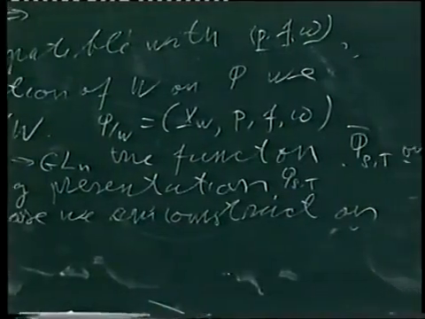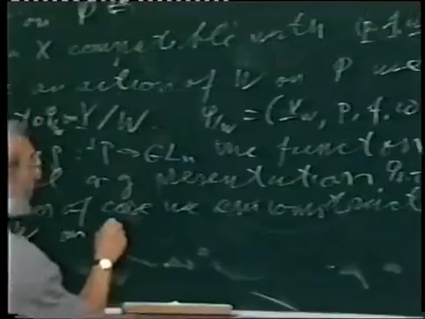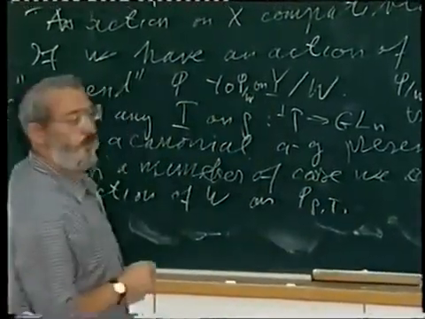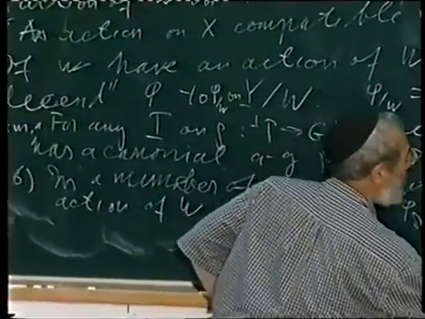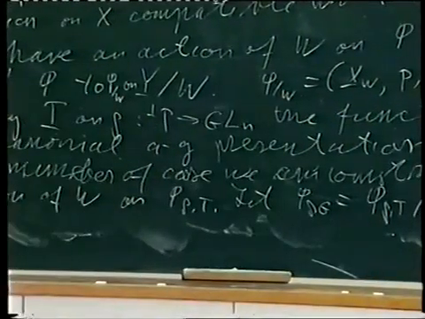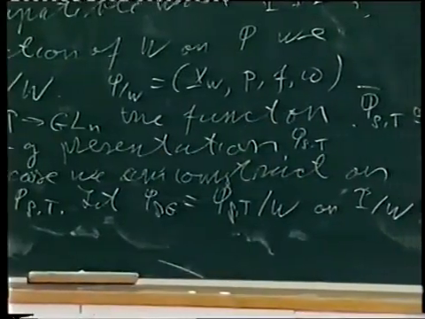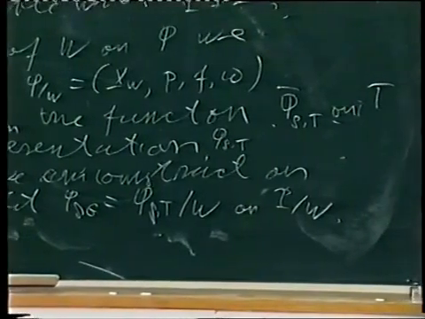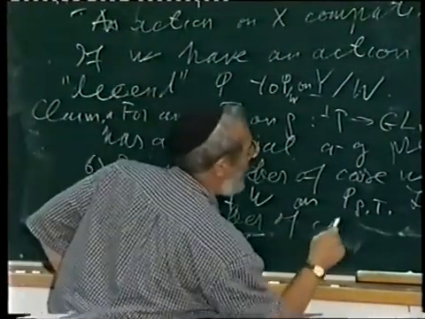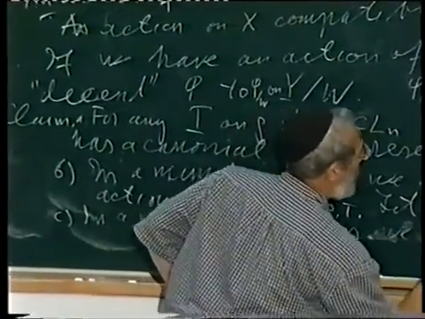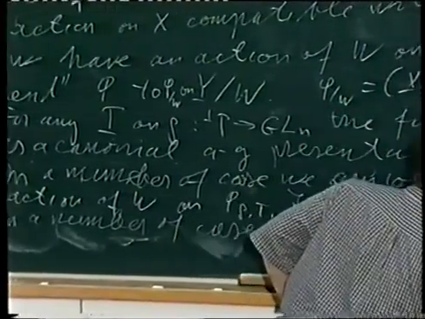We can construct an action of W on phi rho T. Let phi rho G be phi rho T mod W on T mod W. So in a number of cases, we didn't check all, but in a number of cases we can show that phi bar rho G defines a lifting.